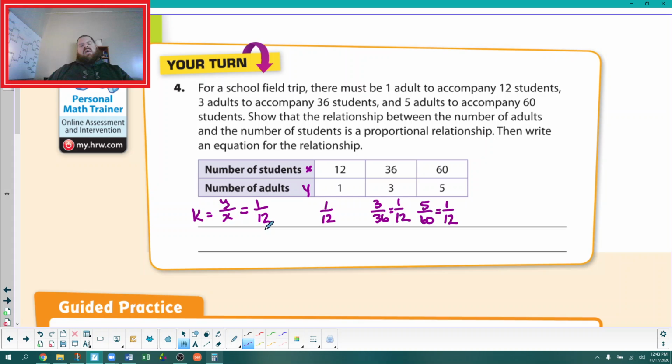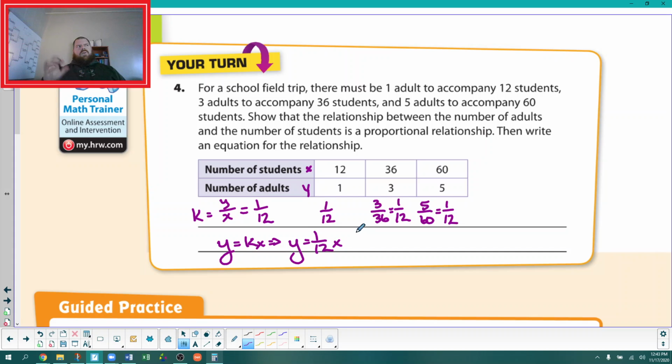So with a k at 1 over 12, my equation becomes y equals, I read it as y equals kx, and I just want to replace my k with 1 over 12. So I'll say y equals 1 over 12 times x. And relating that back to the problem, that means that the number of adults has to equal 1/12 the number of students.